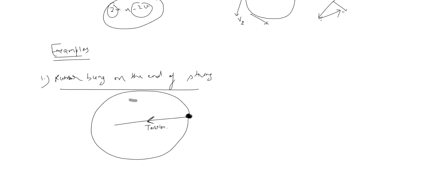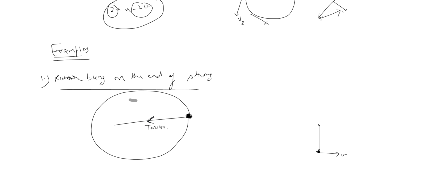Initially, let's say you are holding this in this direction. You will give a jerk to this stone, or any object that you have tied with the string, tangentially. Can you imagine this? Initially, when you start rotating the object in a circular path, the initial jerk will be tangential.